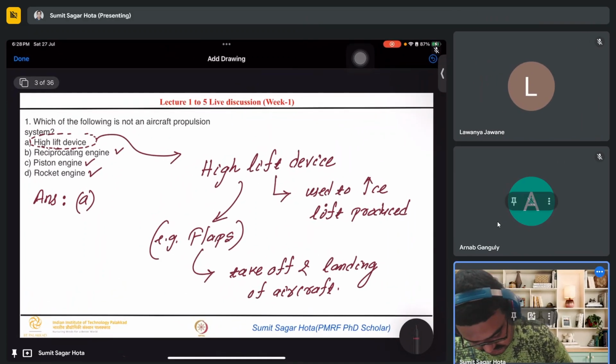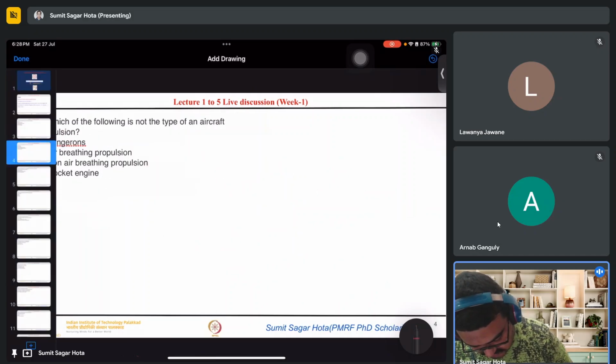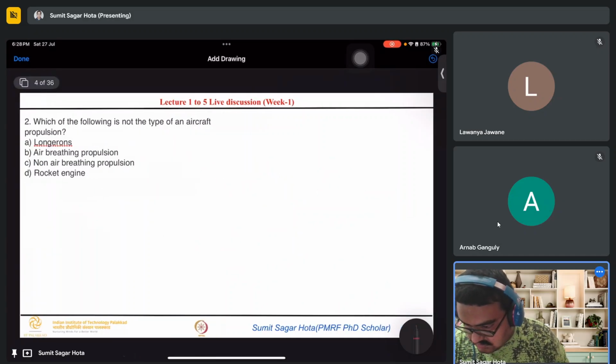So let's go for the second one. Which of the following is not the type of an aircraft propulsion system? Airbreathing propulsion, as the name suggests and as the course name also suggests, is obviously a type of aircraft propulsion.